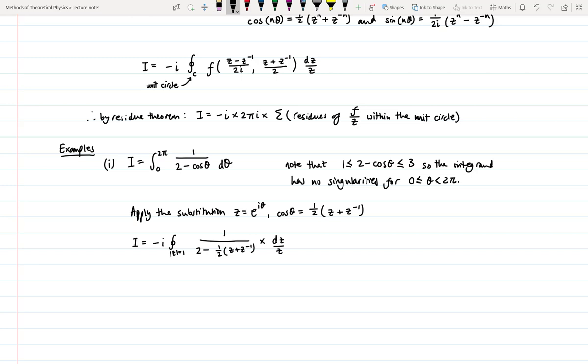As a quick reminder, I'm going to draw a little picture at the side of our integration contour. It's the unit circle. This is our contour, C, where this is 1, minus i, minus 1, and i.